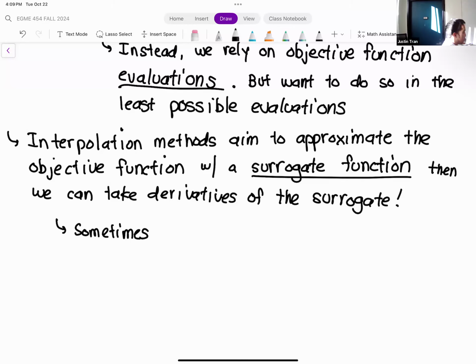Just to remind you, sometimes our optimization problem is formed in such a way that you're not able to take derivatives of it with respect to the design variables.